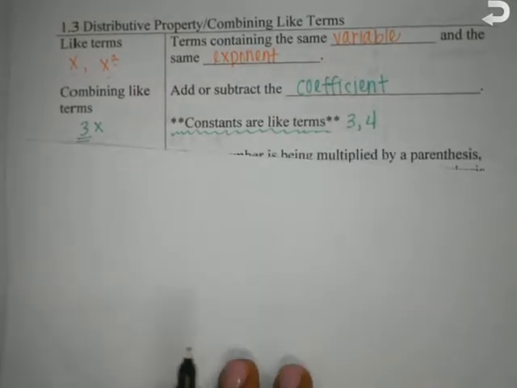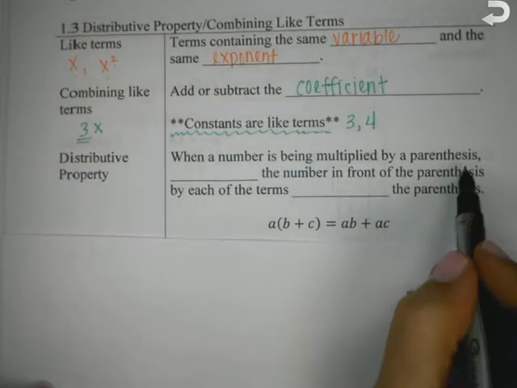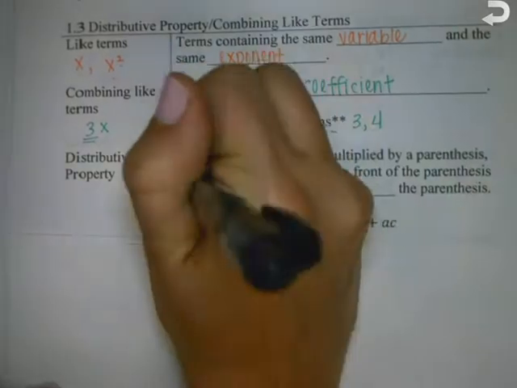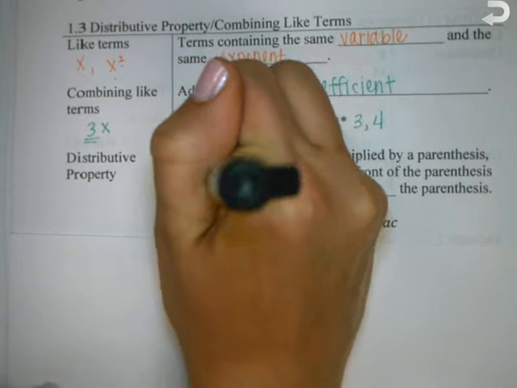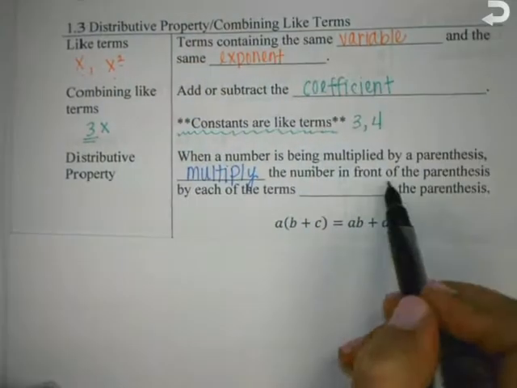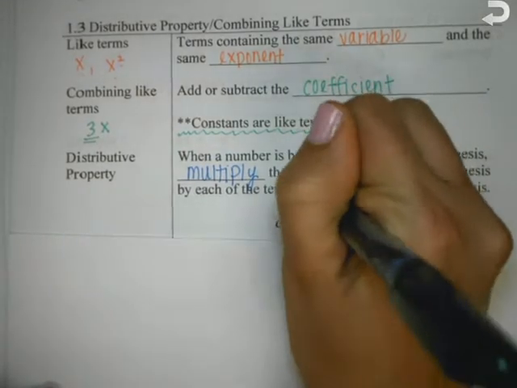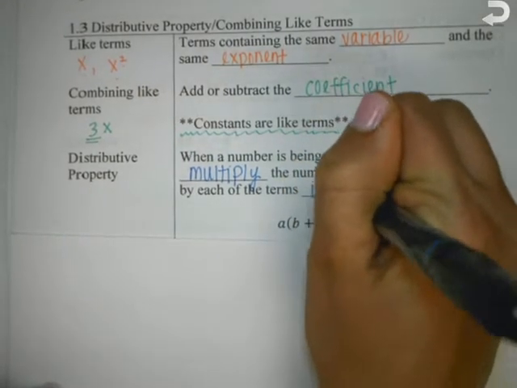Okay, distributive property. We have done this. We love this. Here it is in words. When a number is being multiplied by a parentheses, we multiply the number in front of the parentheses by each of the terms inside the parentheses.